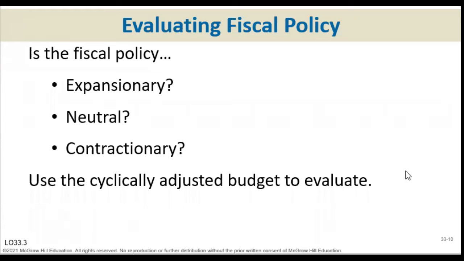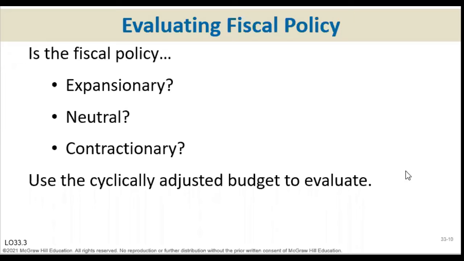So fiscal policy is neutral when tax revenues equal government expenditure after adjusting for the reduction in revenue from a recession. The cyclically adjusted budget deficit is zero in one year and will also remain zero, so there's no change to the budget. It'll be the same in the first year and the second year.